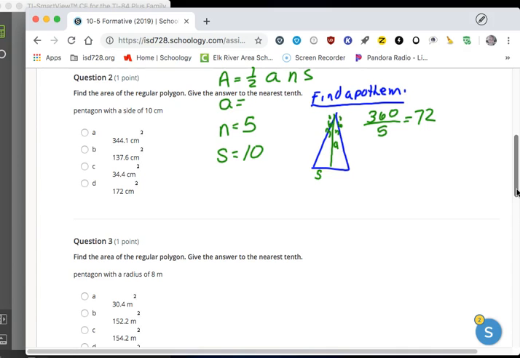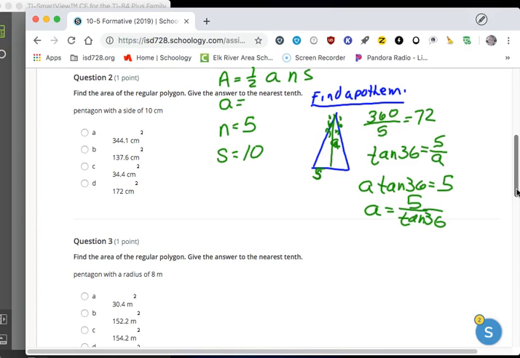And I've got to find my A. Well, if I know this is 5, and I know this is A, I have opposite over adjacent, so I'm looking at tangent of 36. So I have A tangent of 36 is equal to 5, and I divide: 5 over tangent of 36. So that's my apothem.